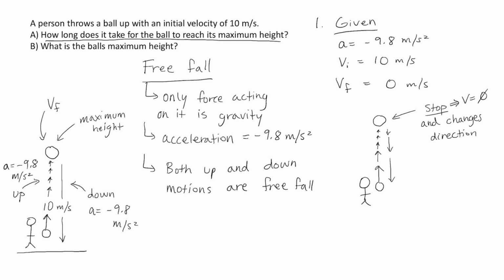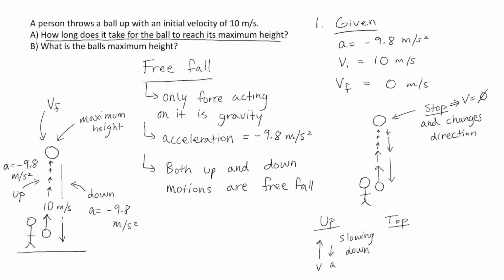Now what I want to do is use some vectors to make this motion even more clear. So imagine when the ball is going up, the velocity vector is pointed up, but the acceleration vector is pointed down. That's because gravity pushes down. If your velocity vector and acceleration vector are in the opposite direction, your object is slowing down.